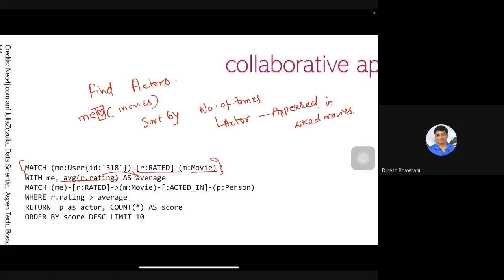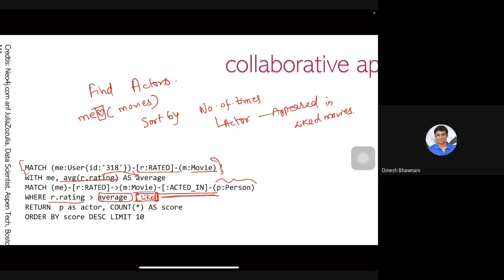So this part you're going to see, you're going to bring in acted in, and all those acted in are stored under person, so bringing that also, where rating is above average. If the rating is above the average score of the r dot rating, then it is something that was liked. This is how you're deriving the liked. Okay, don't consider it as a syntax, just writing it down here.